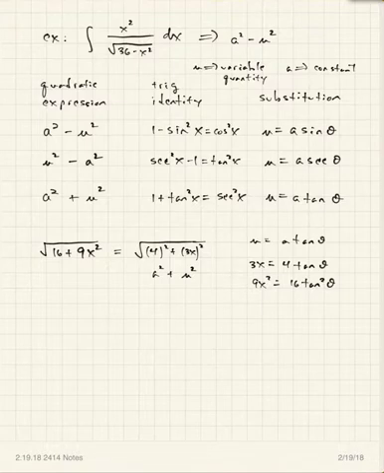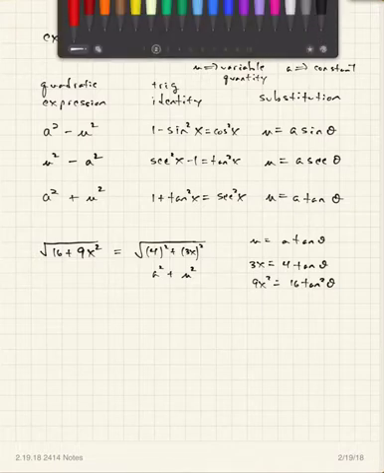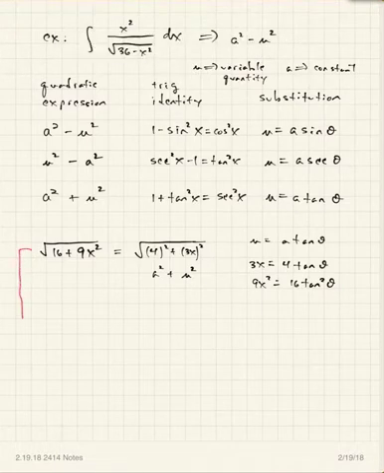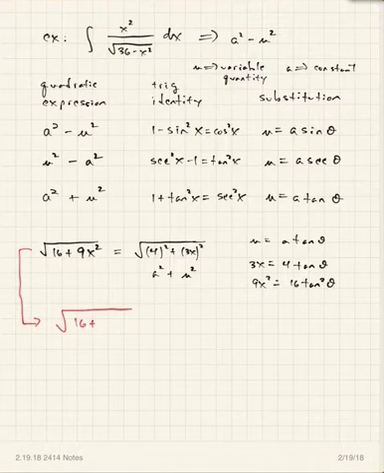Now look what happens when we make the substitution into this algebraic expression. I'm going to put this in a different color. This would be the square root of 16 plus, using this substitution, 9x squared has the value 16 tangent squared theta. So the new trig expression would be the square root of 16 plus 16 tangent squared theta.